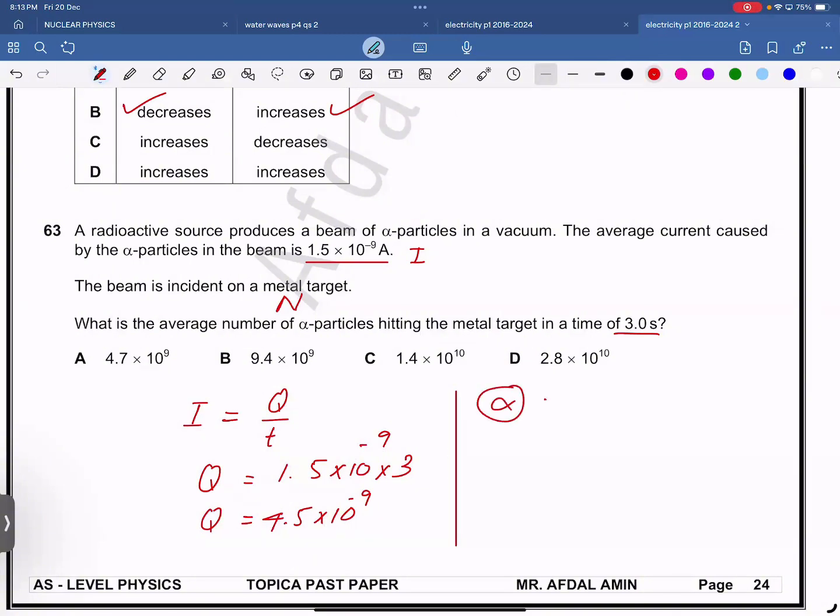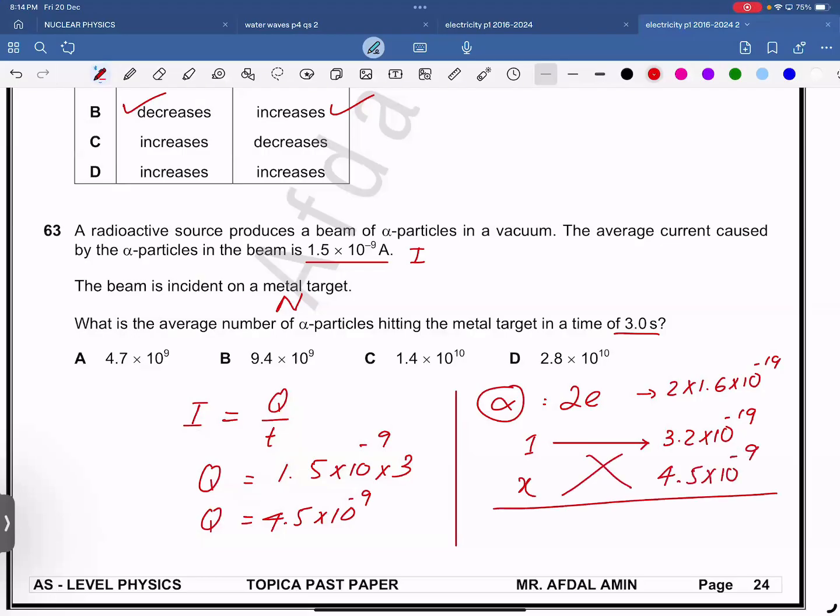The alpha charge is 2e. So 1 alpha, the charge is 2 times 1.6 into 10 power minus 19, so 3.2 into 10 power negative 19. How many alphas will give charge 4.5 into 10 power negative 9? Cross multiply.